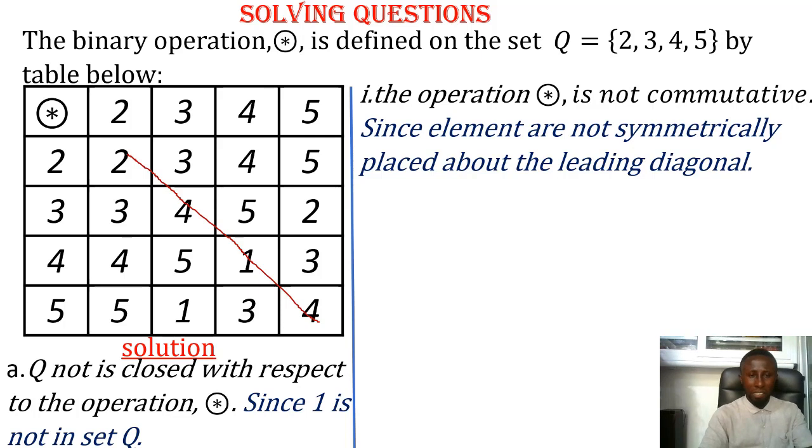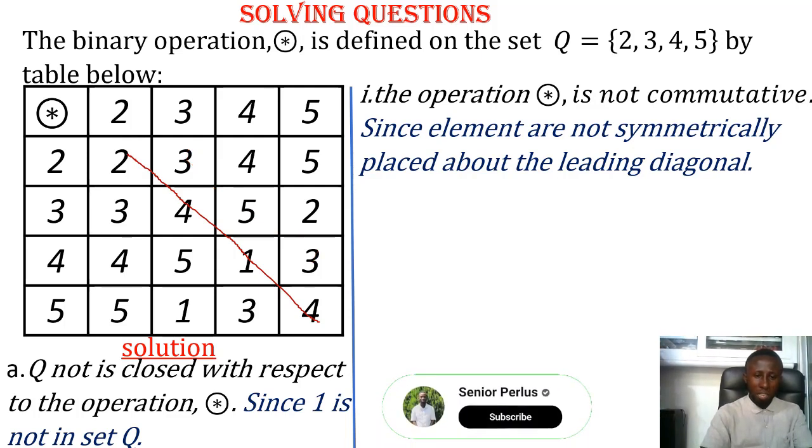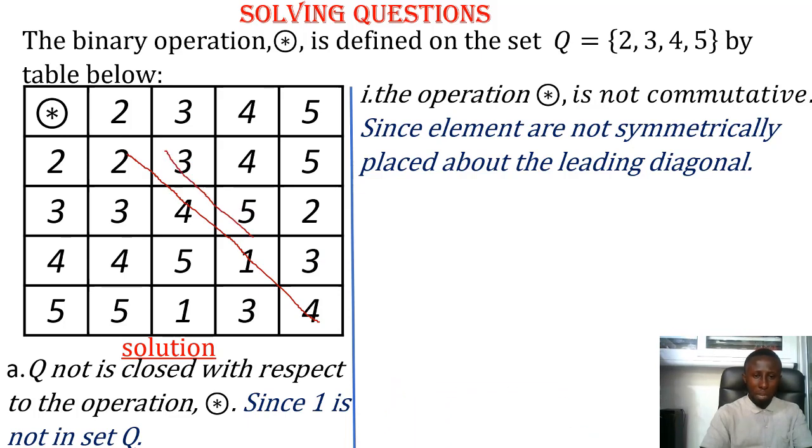We are talking about symmetry: the elements on one side of the leading diagonal should be the same as those on the other side.